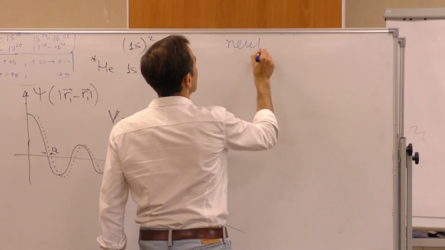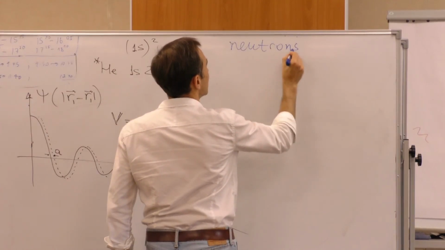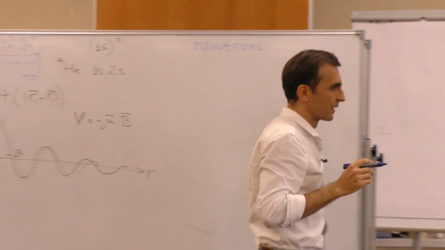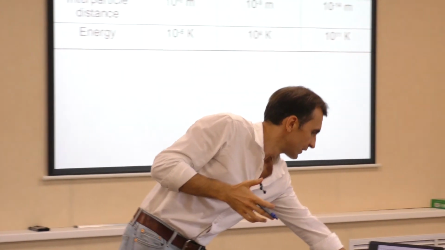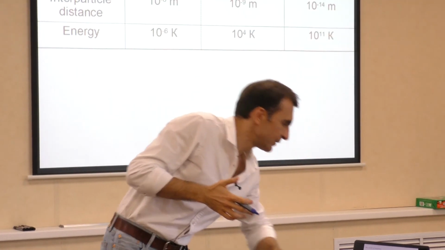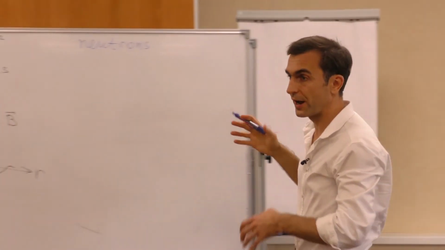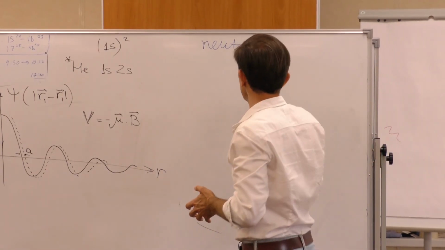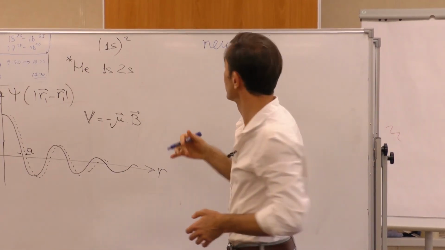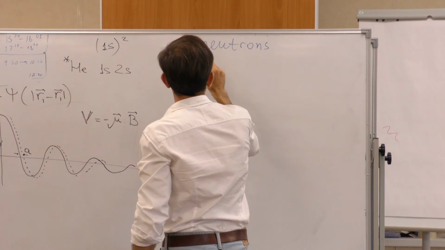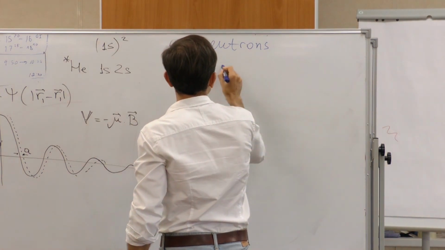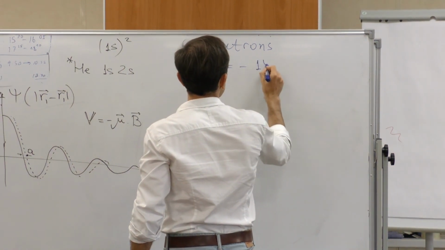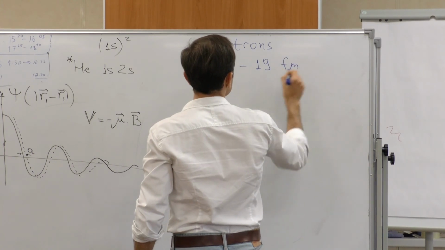And for the neutrons, the dominating collisions are S-waves. There is also P-wave scattering, but S-wave scattering is very strong. For the neutrons, the scattering length is -19 Fermi.